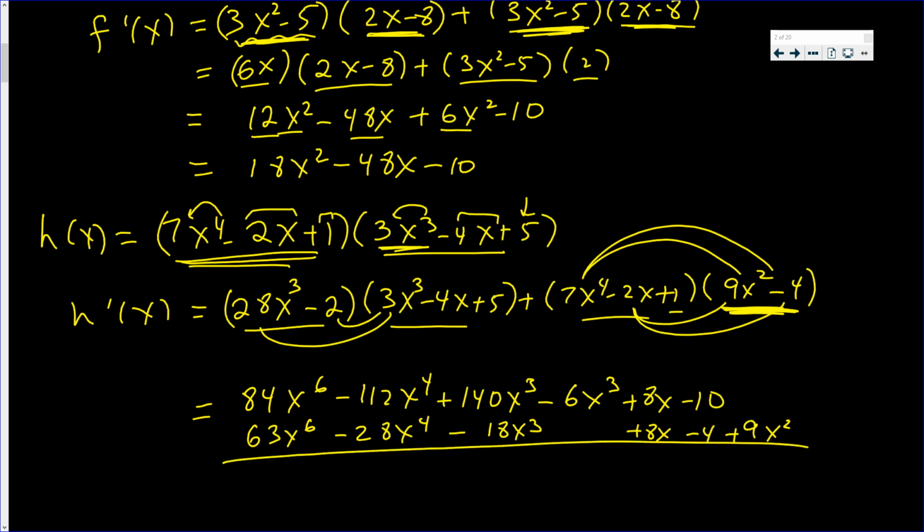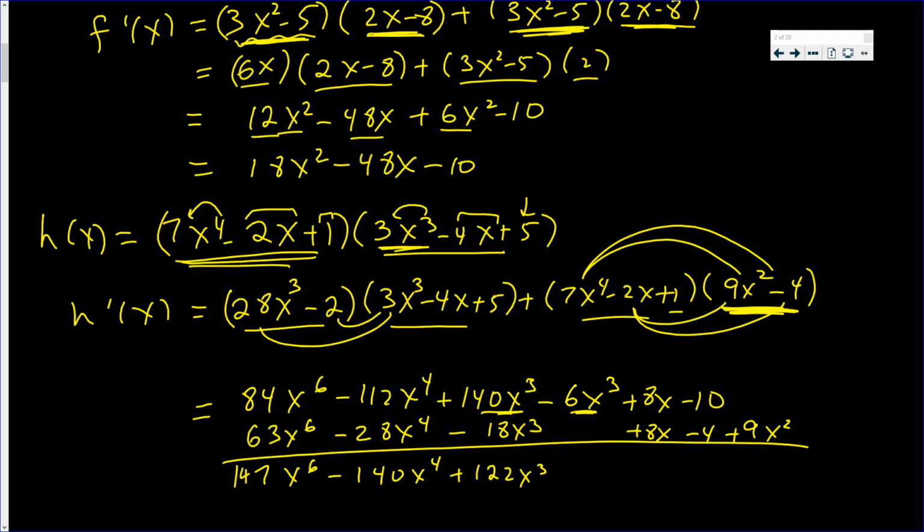And the final answer will be 147x to the 6 minus 140x to the 4th plus 122x cubed. Now I have a concern here because I see that I have 2x cubes.